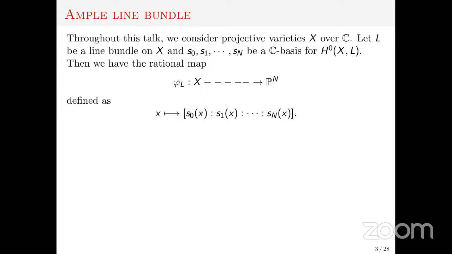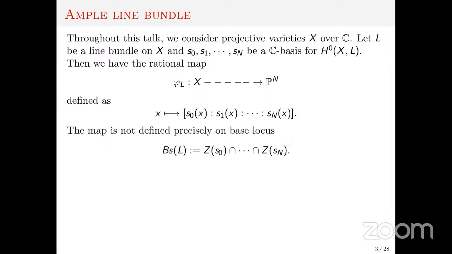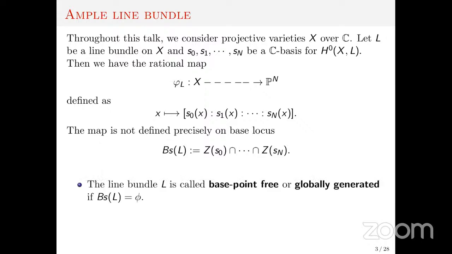But this is not completely defined on the whole of X, because all the sections might vanish at some point of X. So this map is not defined on the base locus, which is the intersection of the zero sets of all these sections.